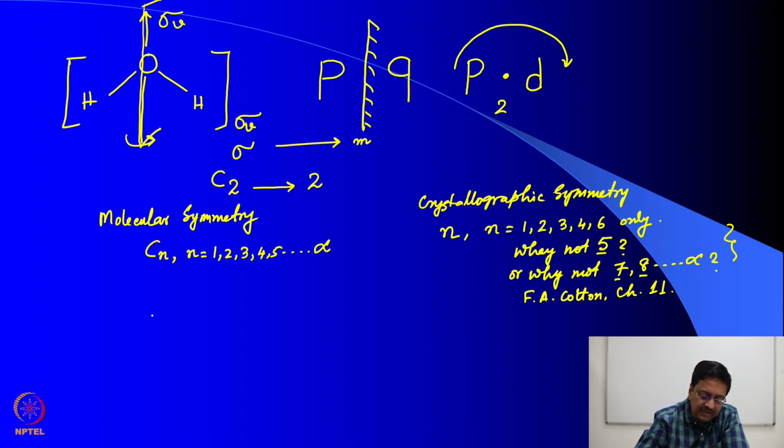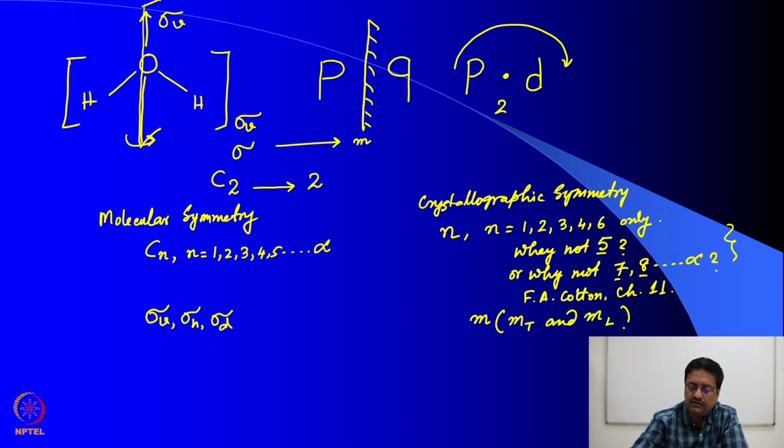In molecular symmetry, we had sigma v, sigma h and sigma d. In the corresponding crystallographic symmetry, we have mirror, which can be mirror transverse and mirror longitudinal, or MT or ML. We will discuss this in detail when we talk about the symmetry elements of the one-dimensional lattice. In molecular symmetry, if you remember, we had Sn, which is the roto reflection axis.